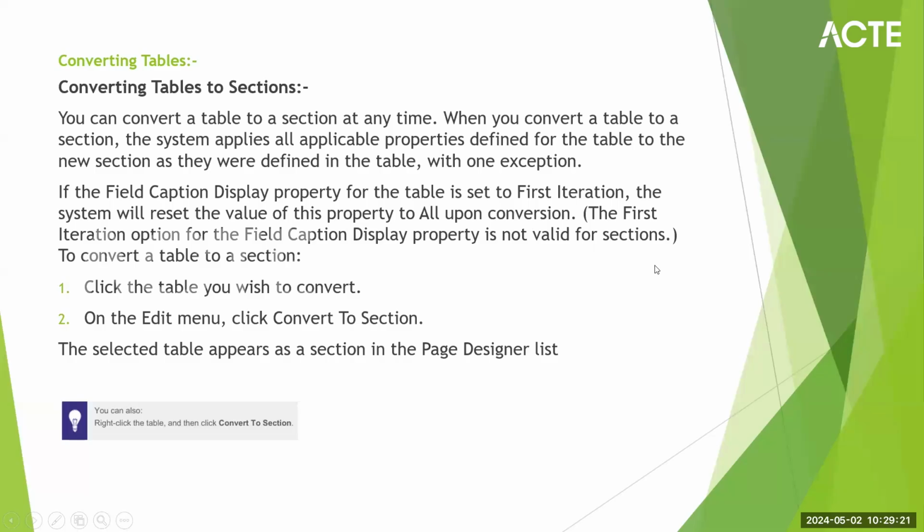So basically in the table, the field caption will be the same for all the values, right? But in a section, it will be the same and constant. Only the single overall heading will be there as a section.